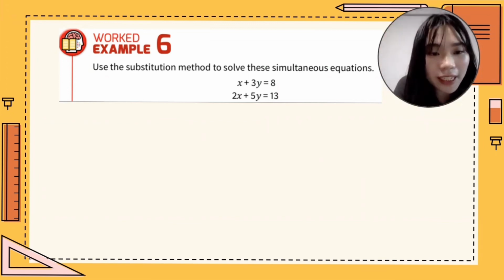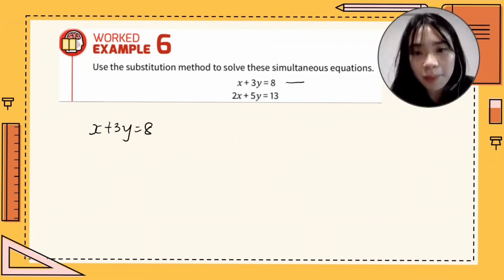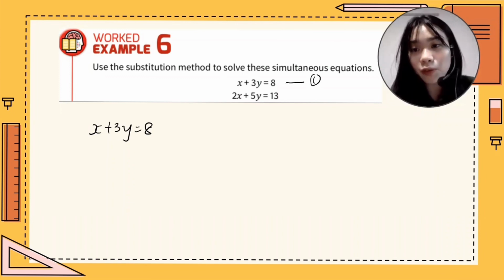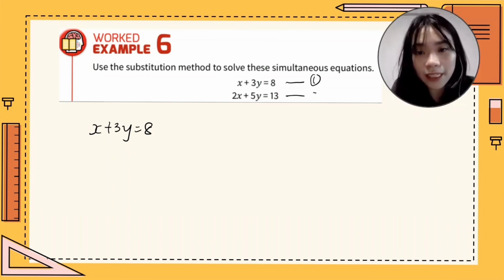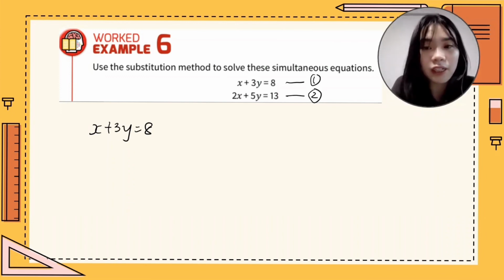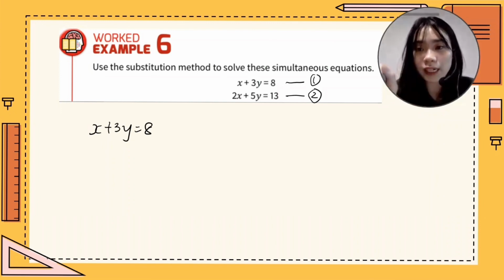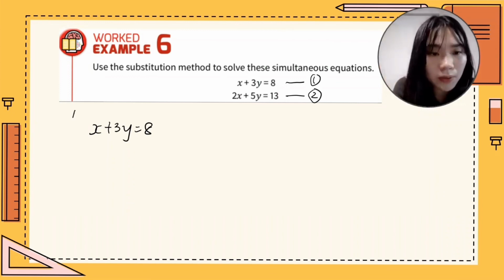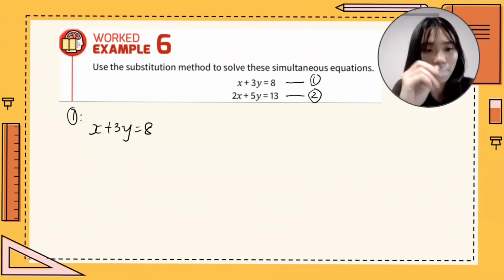Let's say I have x plus 3y equals 8. That would be my first equation with two unknowns. And then I have a second equation with two unknowns. I would label it by drawing a line and then putting the number, so this one would be my first equation. What I want to do is make x alone.